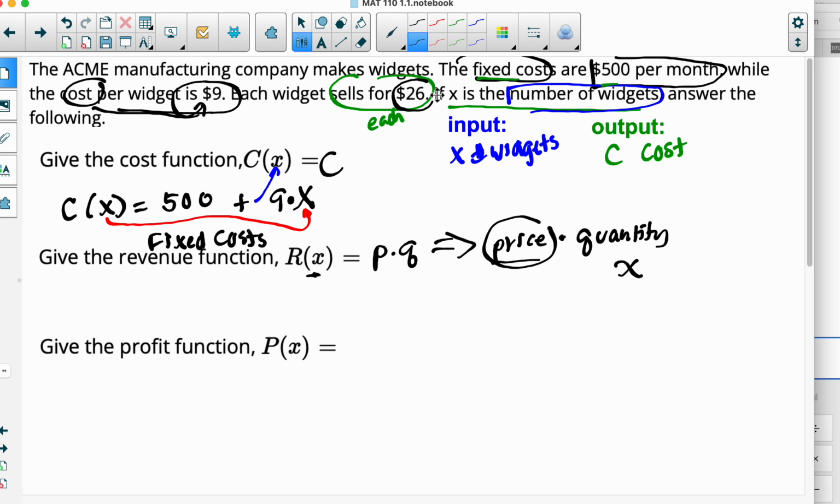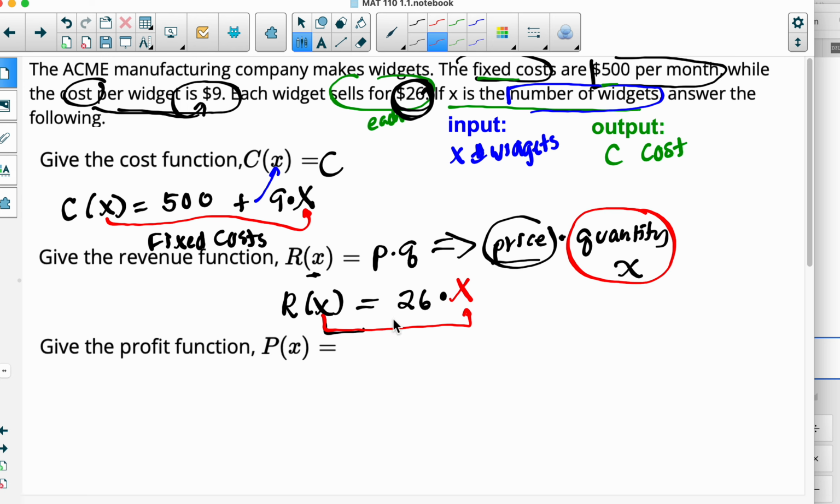I'm selling them at $26 per item. So I have R of X is equal to 26 times however many I sold, but I don't know how many I sold. So I'm going to put that X there. That's sort of my placeholder for the quantity sold. X represents the number of widgets that I sell. All right.